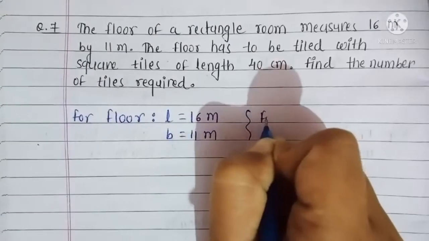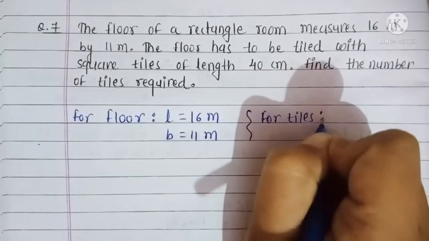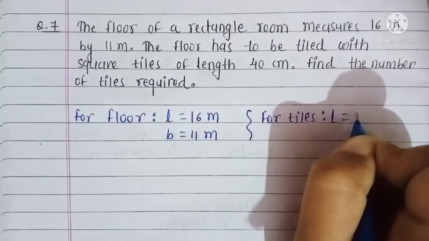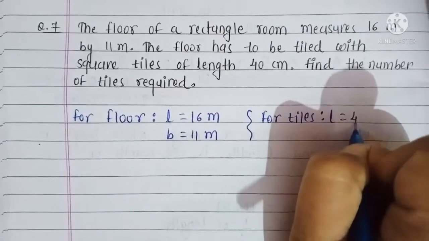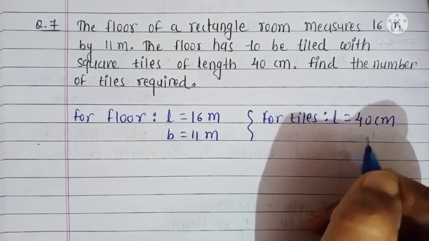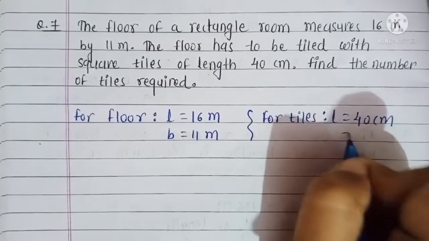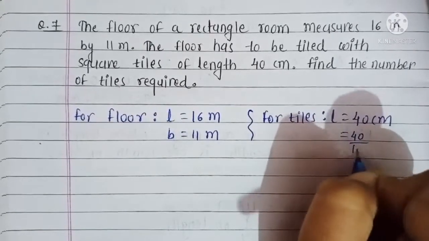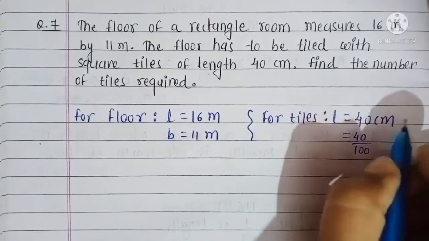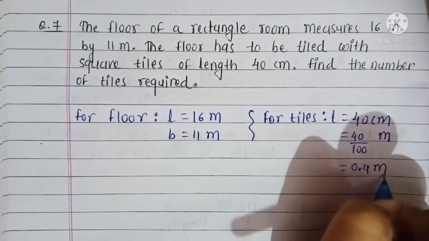For tiles, length is equal to 40 centimeter. We convert this centimeter into meter by dividing by 100. This is equal to 0.4 meter.